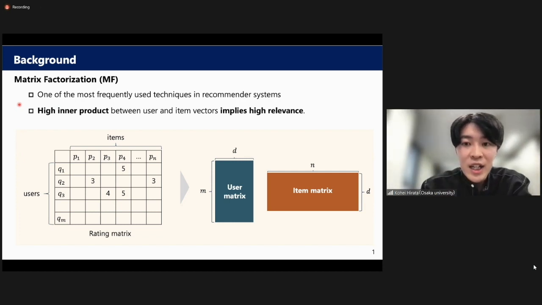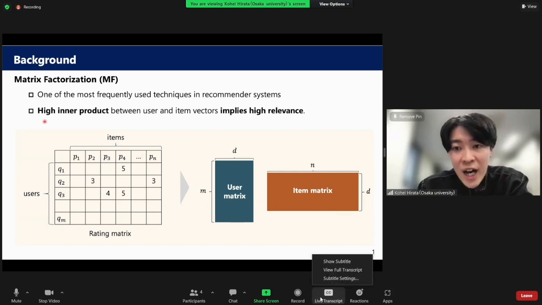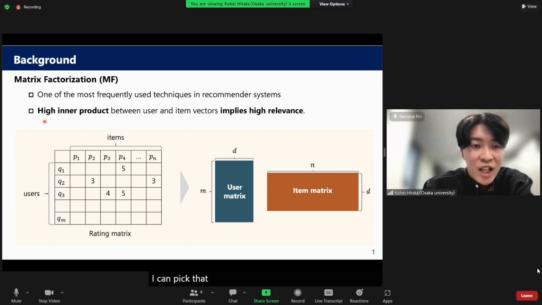So this study assumes a recommendation system using MF. MF decomposes a rating matrix into a user matrix and an item matrix. In MF, a high inner product between user and item vectors implies high relevance.